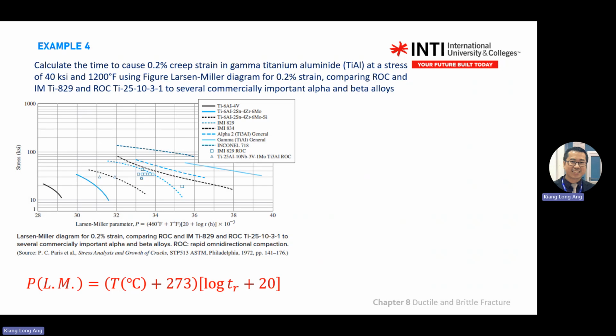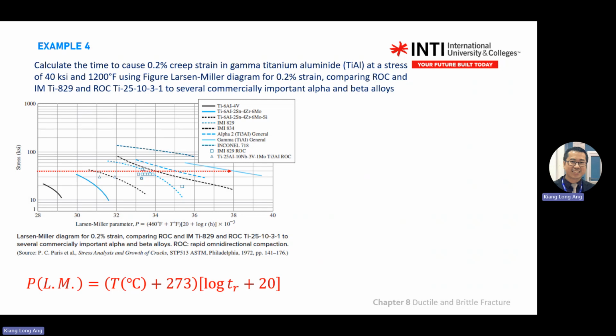So this one basically you are using this graph, and because you're using Fahrenheit, just follow the Fahrenheit value and go to find the TiAl, which is this blue line. So you go here at the stress of 40 ksi. This one is in a log scale.